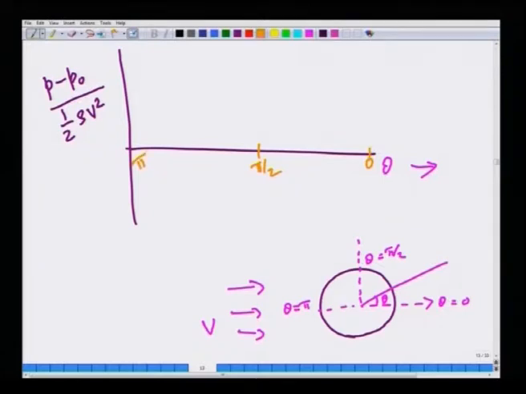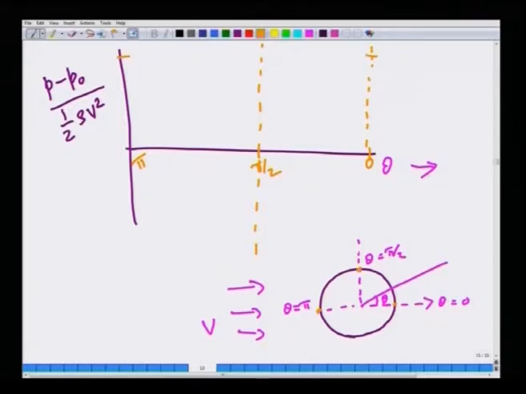And what is predicted by the potential flow theory is something like this. So, let me draw. The potential flow theory predicts that the pressure is a maximum here and here, at theta equal to 0 and theta equal to pi. It is symmetric, so the values are the same, and it is a minimum at theta equals pi by 2.